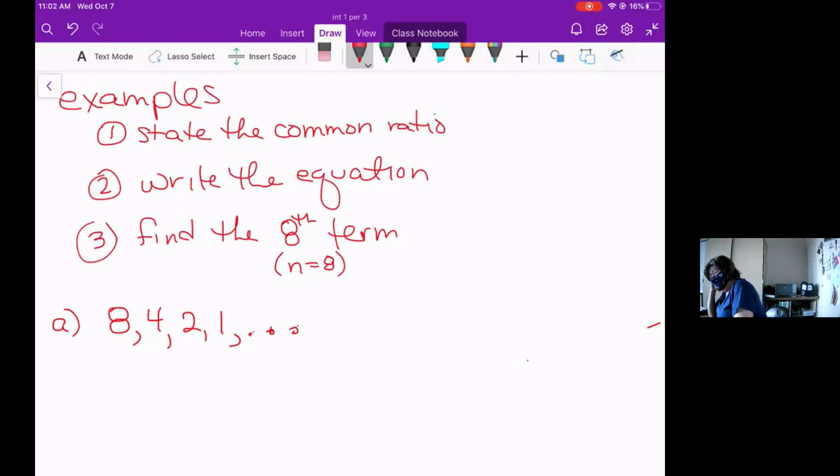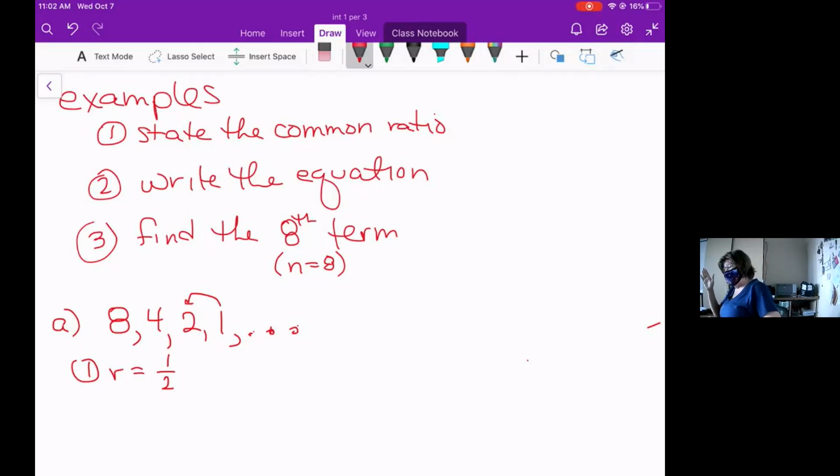So state the common ratio, part one. Remember, you take one term divided by the one in front of it. So I'm going to ask Joy, pick a term. Okay, what number's in front of it? Here, then the number in front. 2. Can I reduce that? 1/2. There's my ratio.